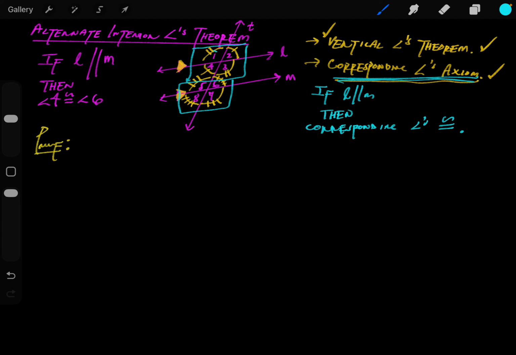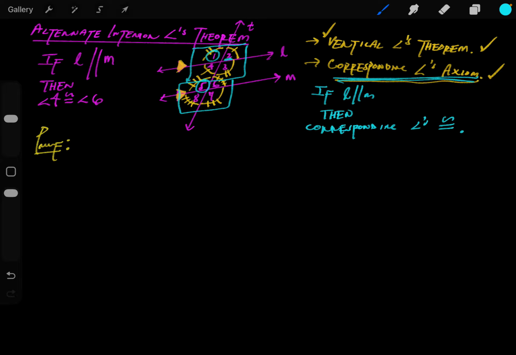Among these 4 angles, 1 is in the top left position, so it corresponds with the angle that's in the top left among the bottom 4, which is 5. Since the lines are parallel, 1 is congruent to 5.